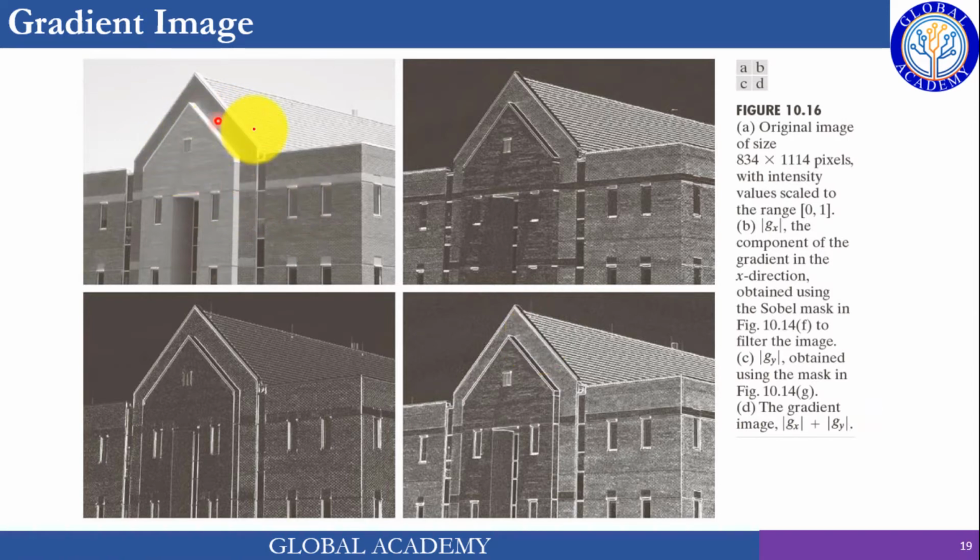The image displayed on the top left is the original image. The image on its right is the output of the gradient along the x-axis, and similarly this image is displayed after applying the gradient along the y-axis. You can see edges along the x-axis or horizontal axis are enhanced in this image, whereas edges along the vertical axis are enhanced in this image.